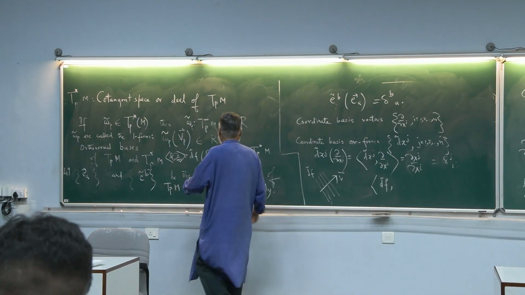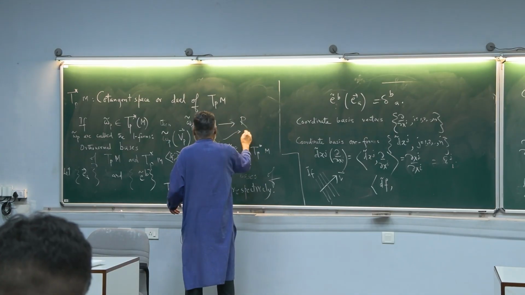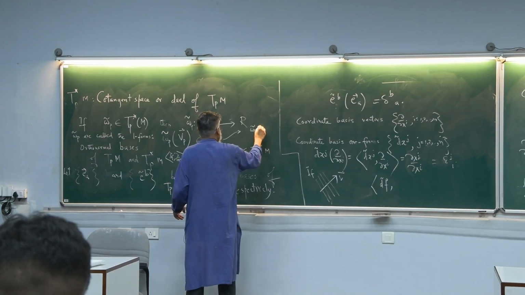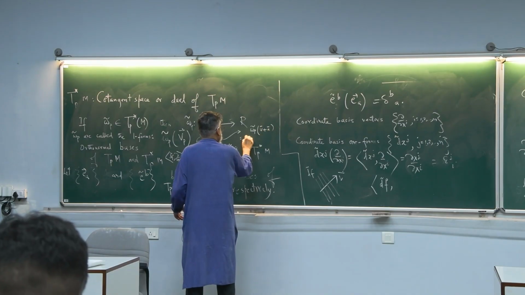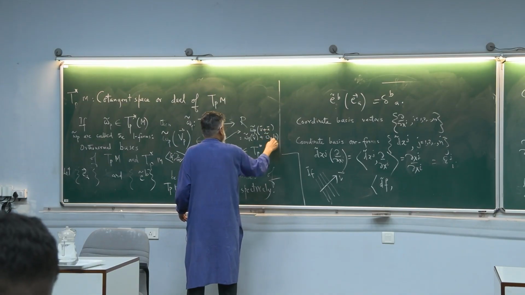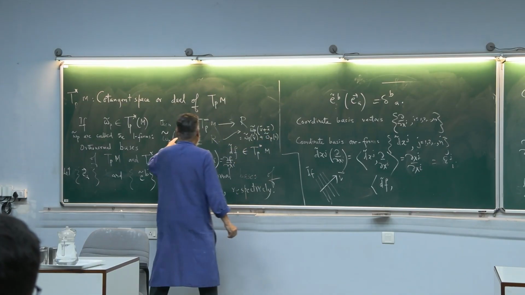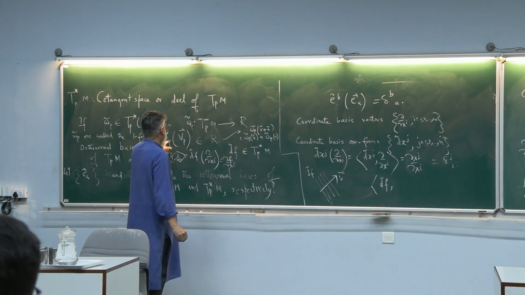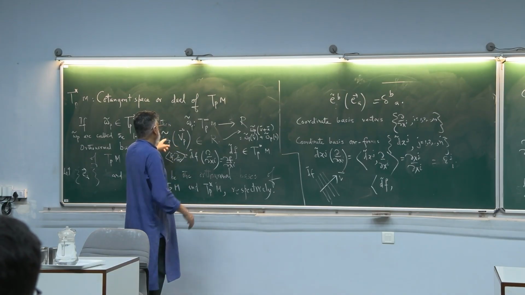So, omega p, this is a mapping, but it's a linear mapping. So, omega p of V plus U will be omega p of V plus omega p of U. Similarly, for a scalar multiple, if you put lambda Vp, then omega p acting on lambda Vp, lambda will come out of omega p.